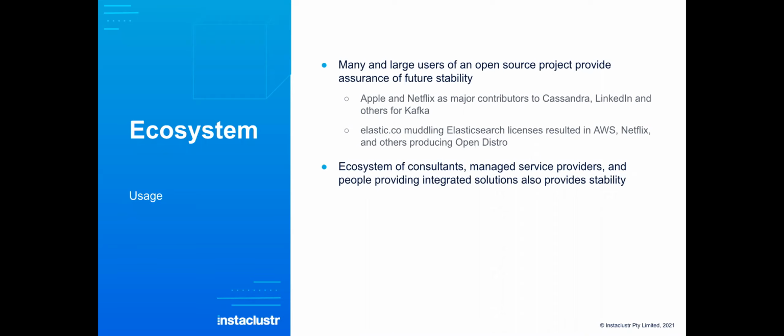And similarly, when we looked at first supporting Elasticsearch, we looked at exactly this risk and evaluated that there are a lot of people using Elasticsearch as open source software, not paying Elastic for support and so forth. And the license was under Apache 2, so it allowed for people to create a fork.